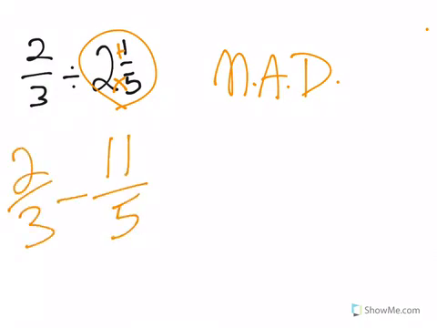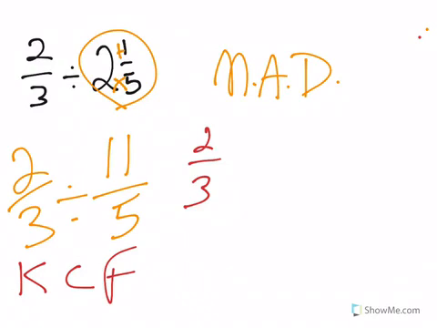So now, same problem, a different format. We're looking at 2/3 divided by 11/5. Now we can do our keep, change, flip. Keep 2/3 the same, change division into multiplication, and flip 11/5 into 5 over 11.